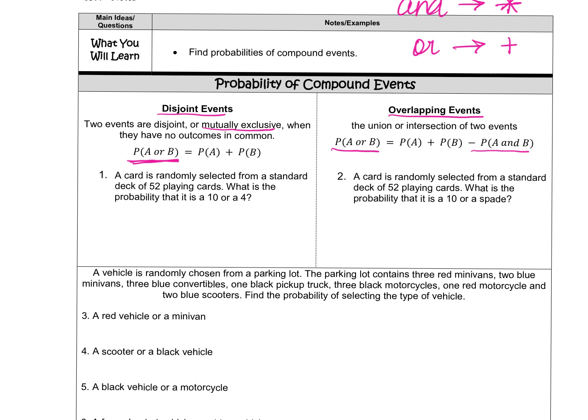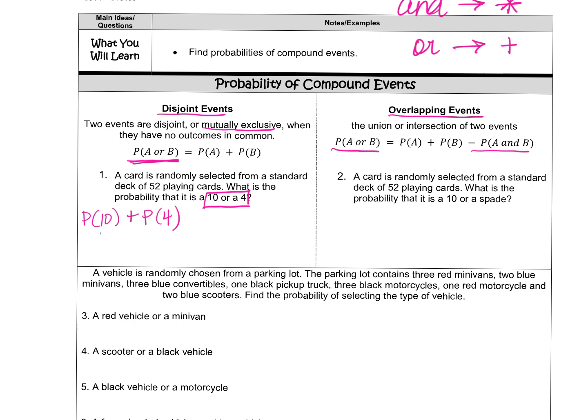Okay, so if I wanted to find the probability that I can randomly select a 10 or a 4, then I would say the probability of 10 or the probability of 4. So first off, how many 10s are in a deck? Well, there are 4 10s because you have a 10 of hearts, 10 of spades, 10 of diamonds, 10 of clubs.